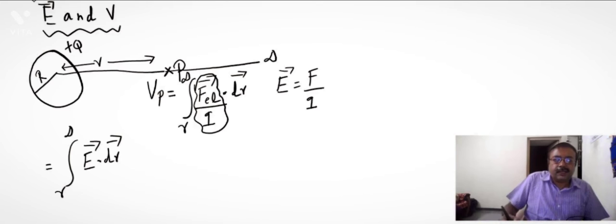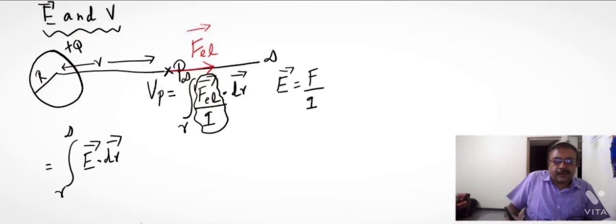Now the direction of the electric force, let's use another color, it's always boring to have one color, is going to be along this direction, away from the positive charge.